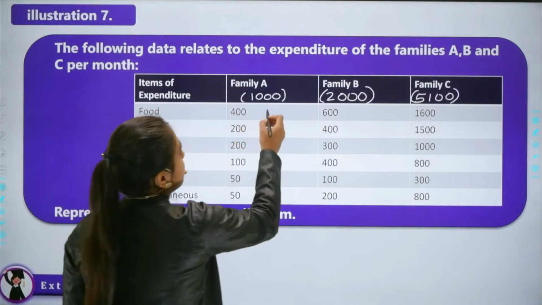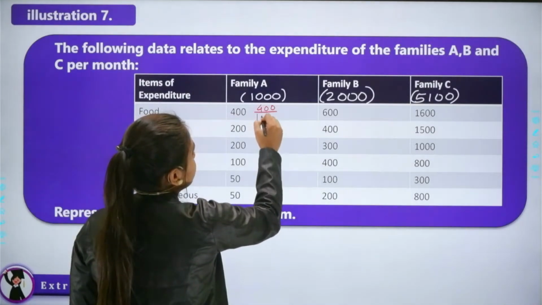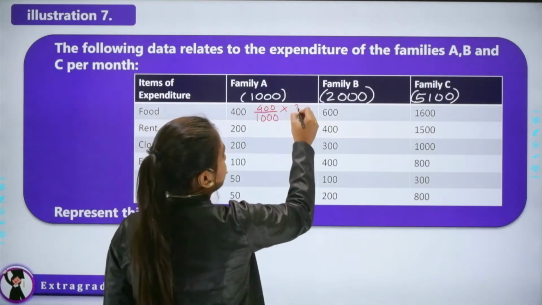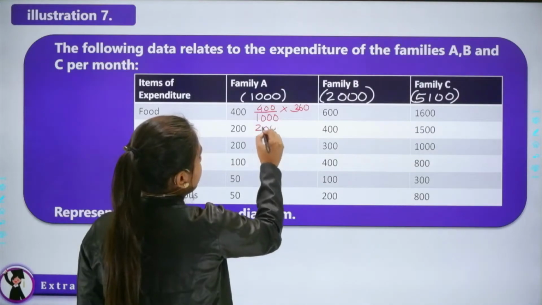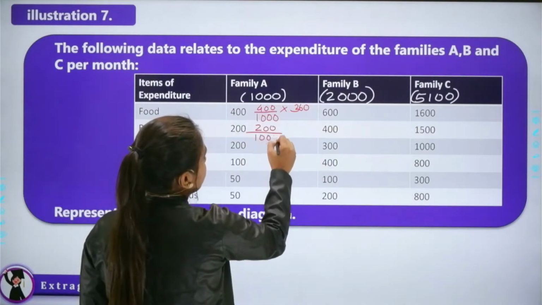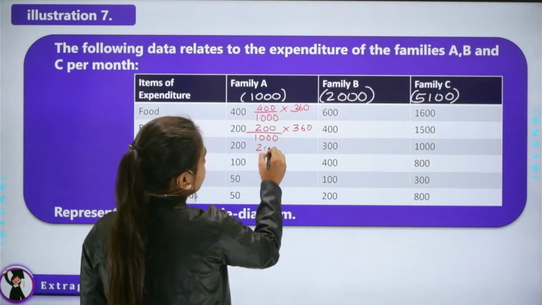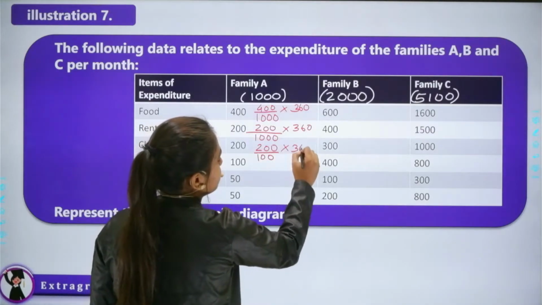Find out for each case: 400 upon 1000 into 360 degree. Again the same thing here, 200 upon 1000 into 360 degree. Then for 200 upon 1000 into 360 degree.